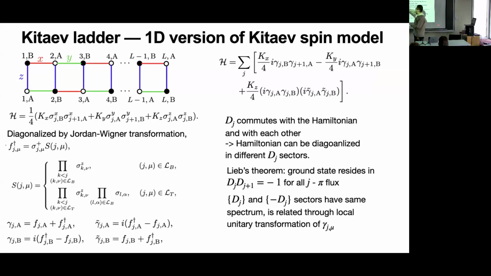And actually, these models can be diagonalized by Jordan-Wigner transformation by writing the sigma plus, the raising operator of the spin, as the creation operator of the fermion times the string operator. And the usual Jordan-Wigner transformation, as you know, is going to solve the spin system in 1D.